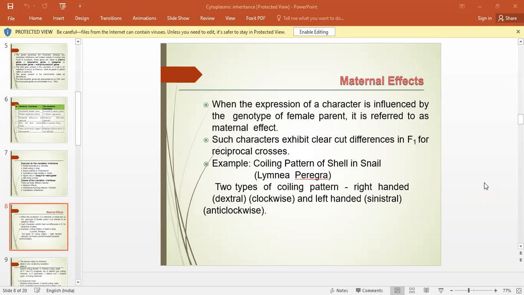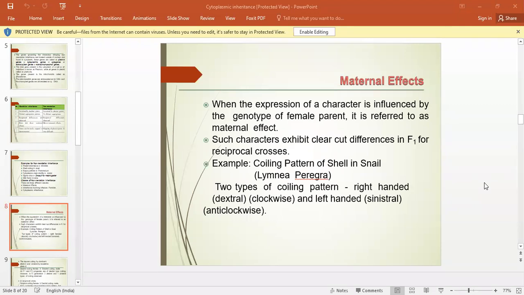I think you have seen the water snail. Snail means what? Do you know? What is meant by the snail? What do they call it in Marathi? What does Google say? Okay, so coiling pattern of shell means what? Coiling pattern means how the upper shell of the snail coils. So how is its coiling pattern? Okay, that is the proper example of the maternal effect.